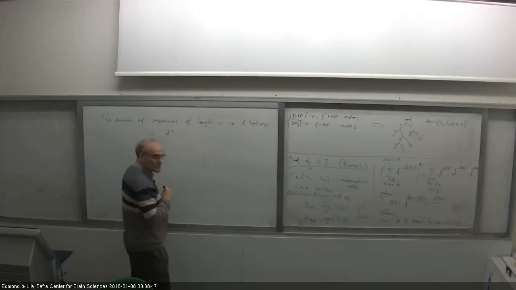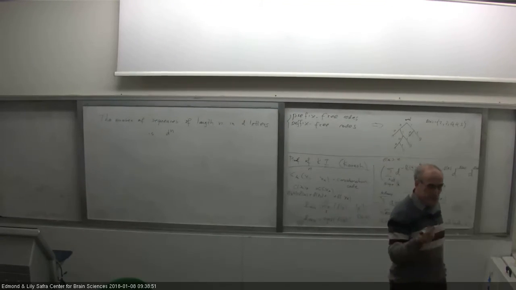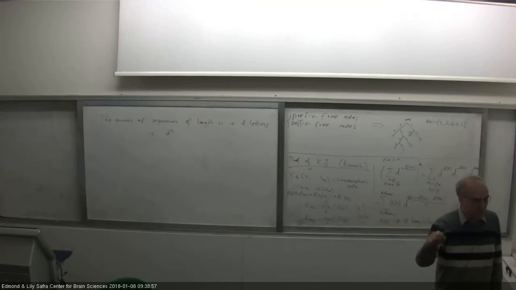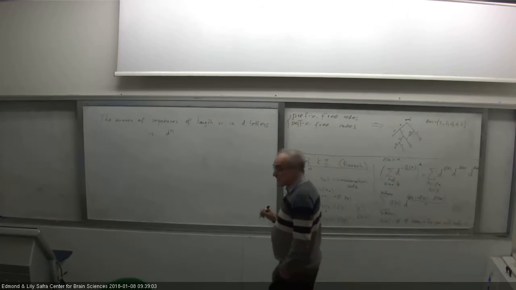If d is 2, it's 2 to the n. If d is 26, it's 26 to the n, and so on. Simply, you choose the first letter, the second letter, and for each one we have d options. So it's d times d times d, n times. So this is d to the n.